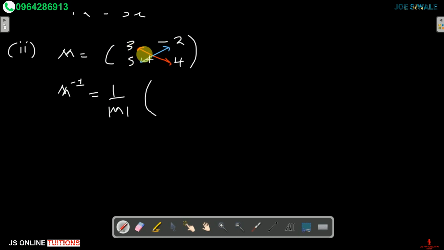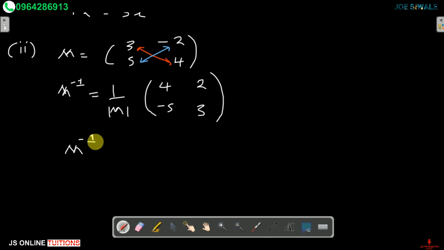So let us start with the numbers in the major diagonal. We are going to interchange them. So we are going to have a 4 there and we are going to have a 3 there. Then the numbers in the minor diagonal, we are going to change their symbols. So -2 there is going to be 2, then 5 is going to be -5.